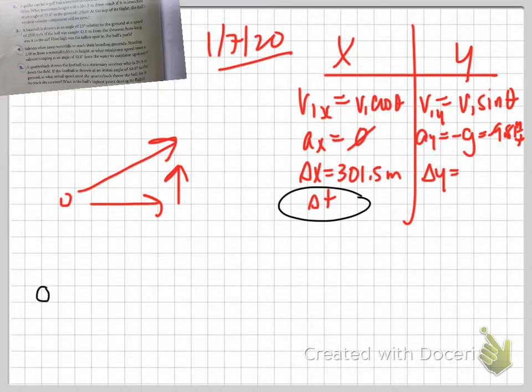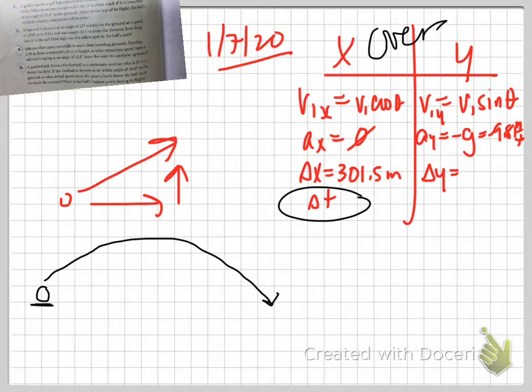So this object is coming off of the ground, going up some distance, and landing on the ground. If I call these overall variables for x and y, what's my overall delta y? 0. And that's really critical because that enables you to do some funky, cool, tricky stuff when something disappears.